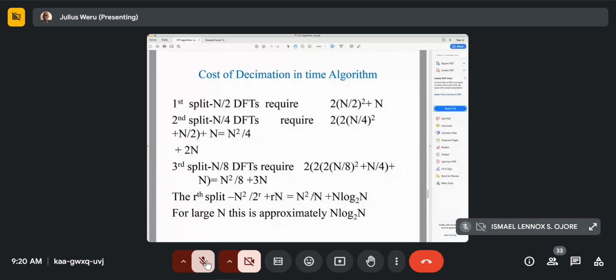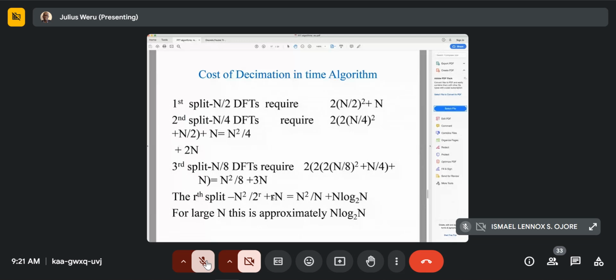If you go splitting, from the first split and second split you can see that the r-th split would give you that, adding 1n. Now, r is log 2n.